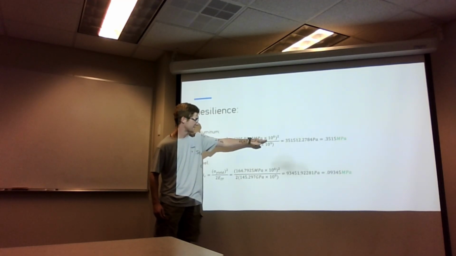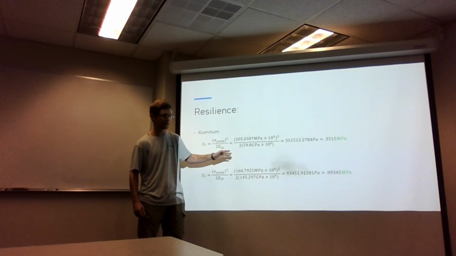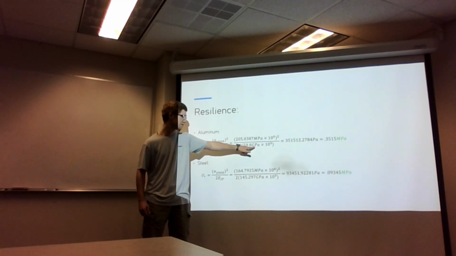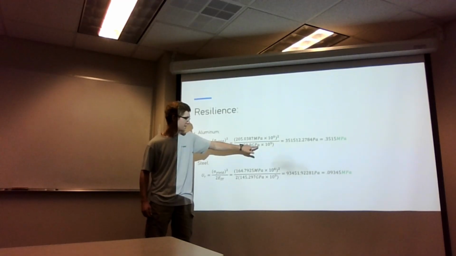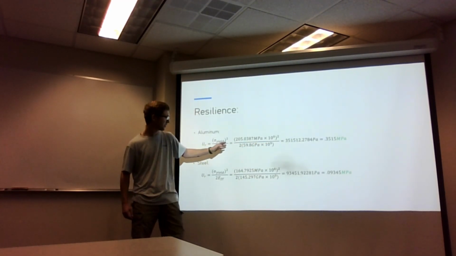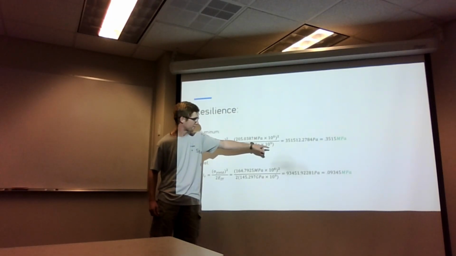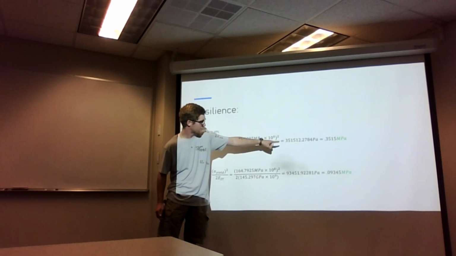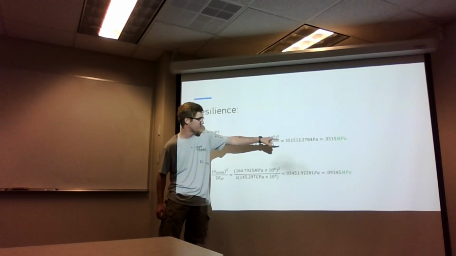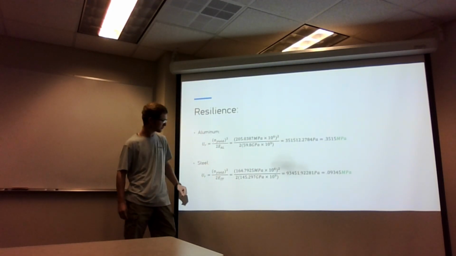So we multiplied that by 10 to the 6th to knock out the mega. And same with the elastic modulus, which is measured in gigapascals. Multiply that by 10 to the 9th to knock off the giga. Once we worked all that through, it came down to a very big number in regular pascals, but it was about 0.3515 megapascals.